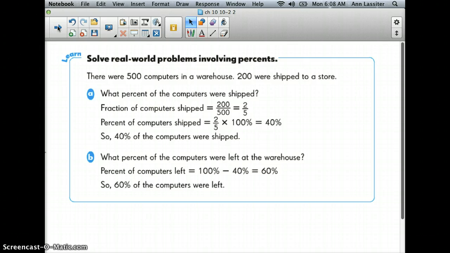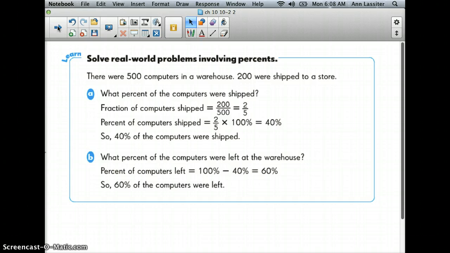And technically, you could choose any of the three methods we talked about earlier. In this example, the way they've done it, they've talked about 2/5 times 100%, which is equal to 40%. I personally think of 2/5, 5 goes into 100 20 times, so 1/5 is 20%, so 2/5 would be 40%.